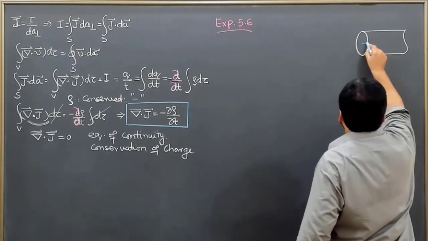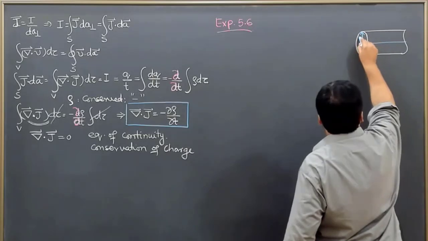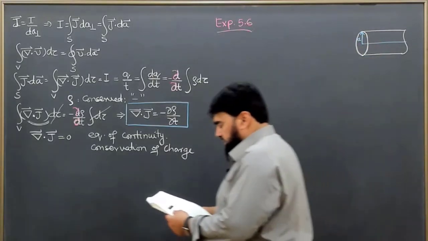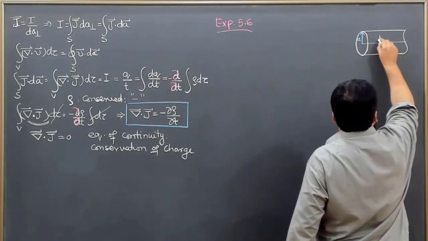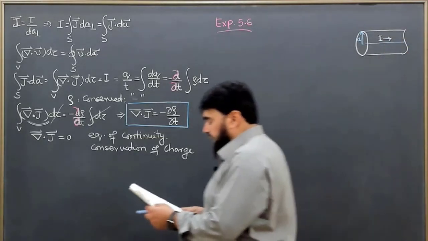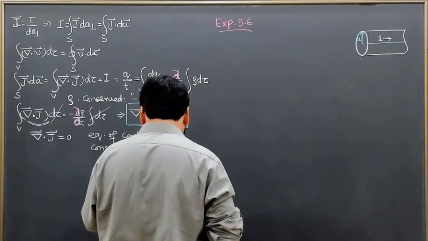So this is the axis, and the radius of this wire is a, and current is distributed uniformly over this wire, and we are going to calculate the current density.